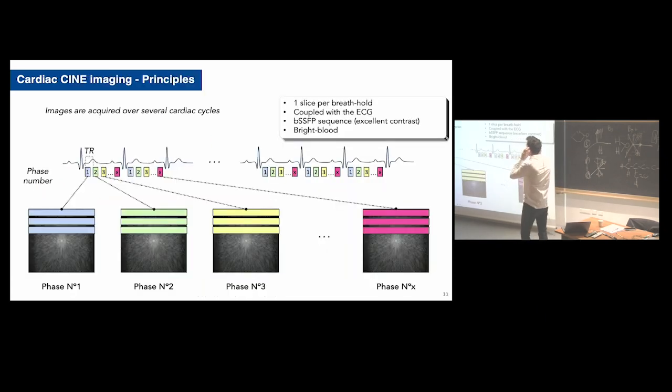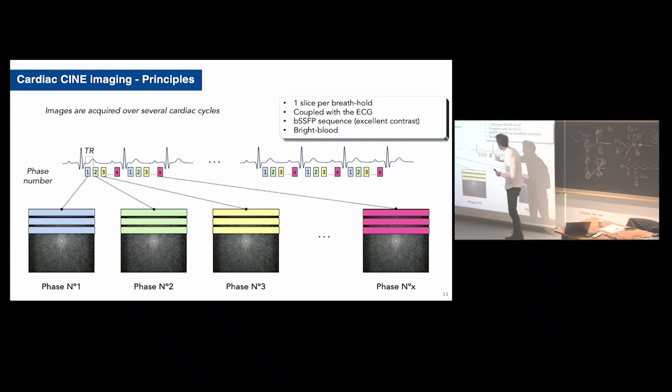The cardiac Cine is very simple. We continuously acquire data. We split the ECG in multiple cardiac phases, and we will have to fill the same number of k-space lines. So if we split the ECG, the RR interval, in 4 cardiac phases, we will have 4 k-spaces to fill.